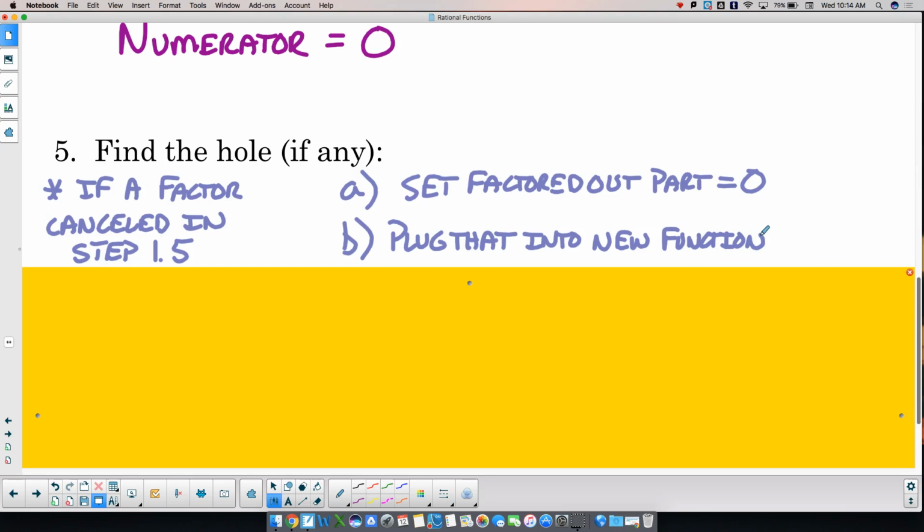Two-part question. What does the hole look like in my list of things, because remember, you always have a list of things that I'm looking for. So what does the hole look like in the list?